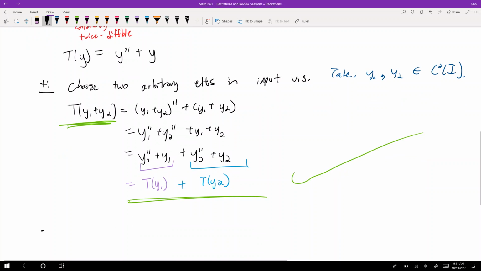All right, scalar mult. So choose a scalar k, arbitrary input. So what we're going to do is take k in R, and let's just take y in C2.